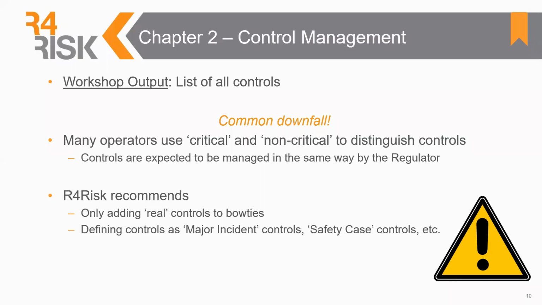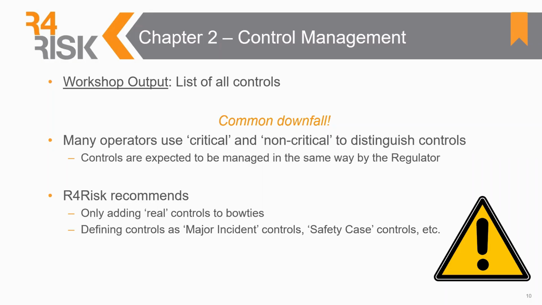So to counter this, we recommend only adding real controls to bow ties. And by that, we mean controls that actually have an action and an impact on the risk rather than maybe a slight influence.